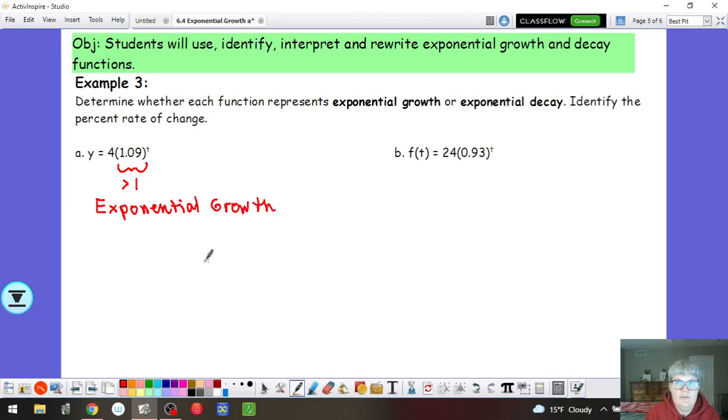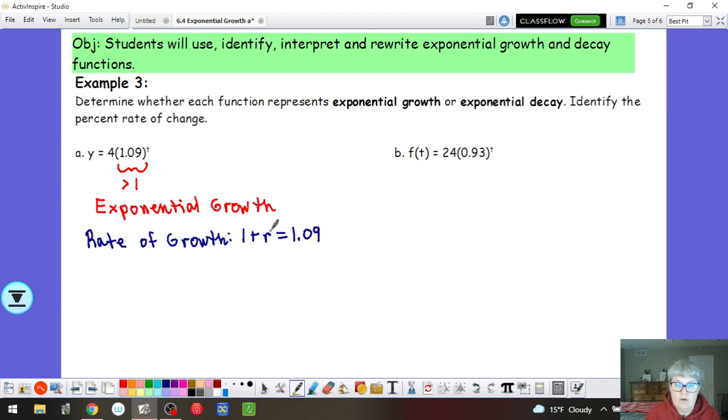To find the rate of growth, we know that 1 plus r has to equal 1.09.